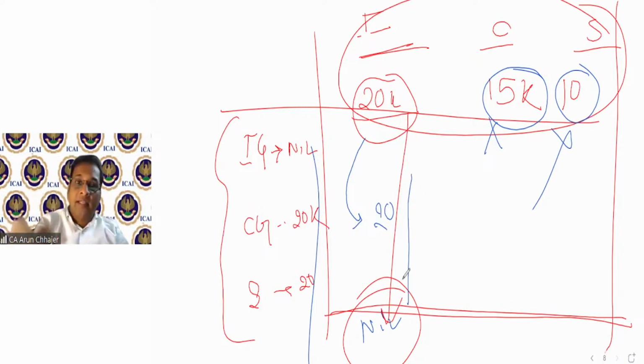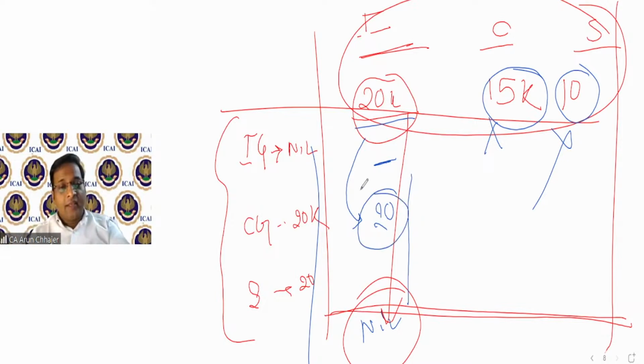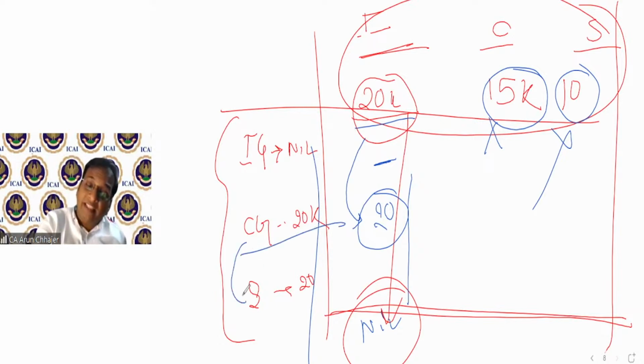My question is, there is no liability in I. This 20,000 would be entirely given to C or there is some option. मेरा क्वेश्चन बड़ा सिंपल है कि आई के पास जो 20,000 है वो पूरा का पूरा सी को देगा और उसके बाद एस को देगा या यहां पे कुछ ऑप्शन है? आंसर इज ऑप्शन है. Sir, where is it written?